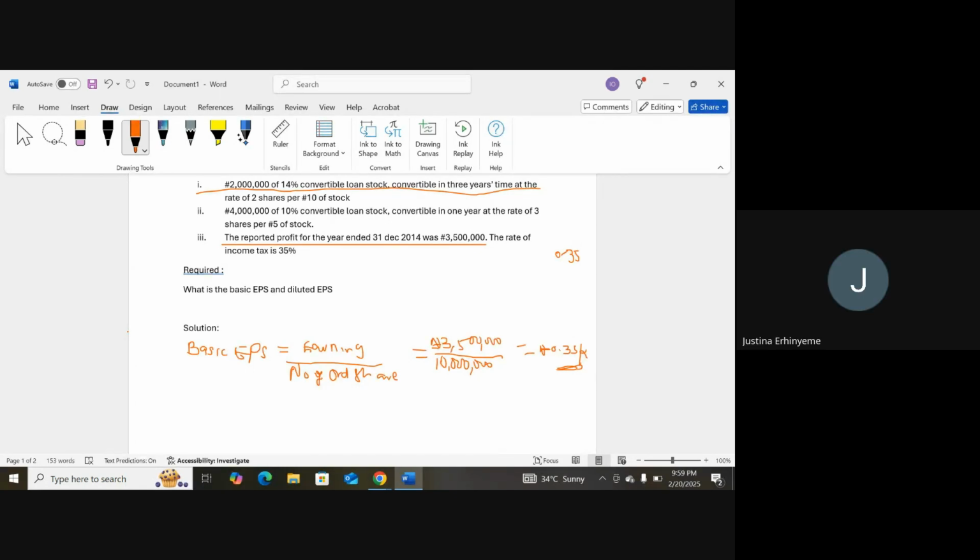But if it is lower, you will add it. Now it is higher, so we are not adding it. Is it clear now? Yes, sir.